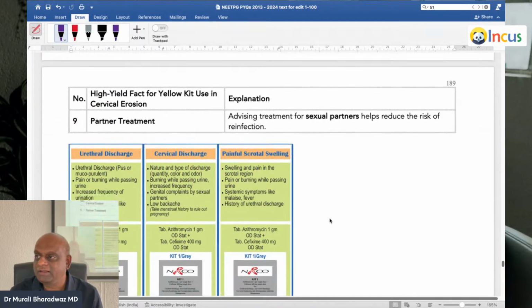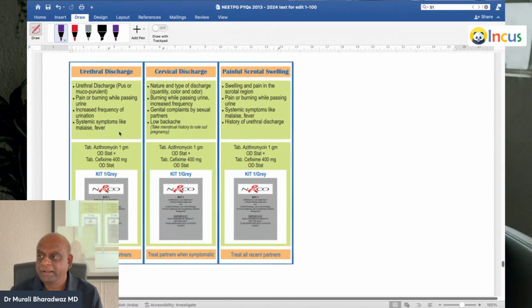So doctor, this is one important thing. You have different kinds of kits. When urethral discharge is there, gray color kit. When cervical discharge is there, azithromycin plus secnidazole.